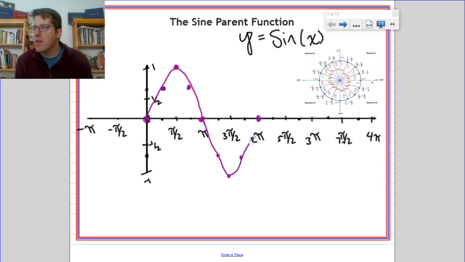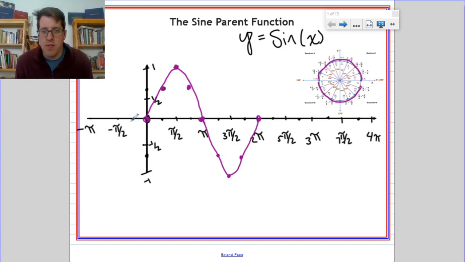The way that I like to think about it for the sine is that we start out on the top half of the unit circle between 0 and pi, and then we're on the bottom half of the unit circle between pi and 2 pi. But the thing is, the unit circle just keeps going around and around and around. So it repeats.